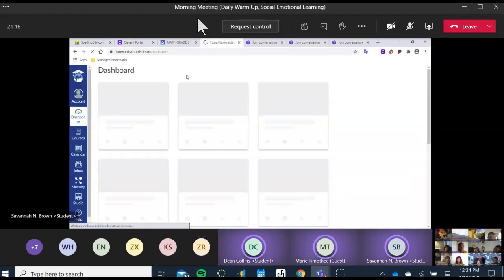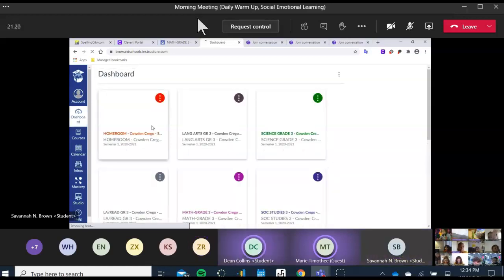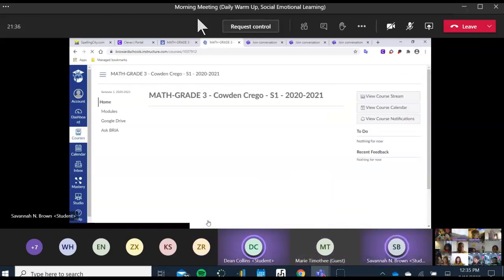Dashboard. Okay. Let it load. Now click on Math. Let it load. It looks like it takes some time to load. Okay. Now click on that. Yeah. Math. Okay, it's going good so far.